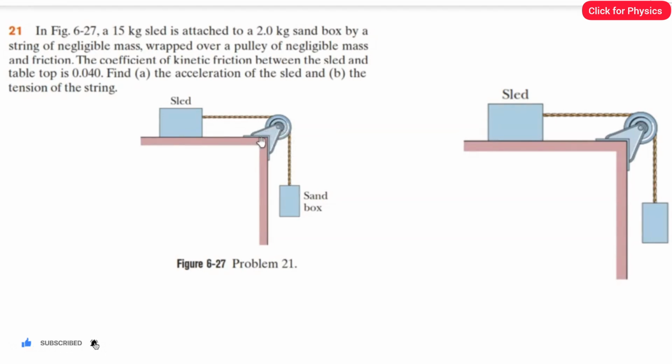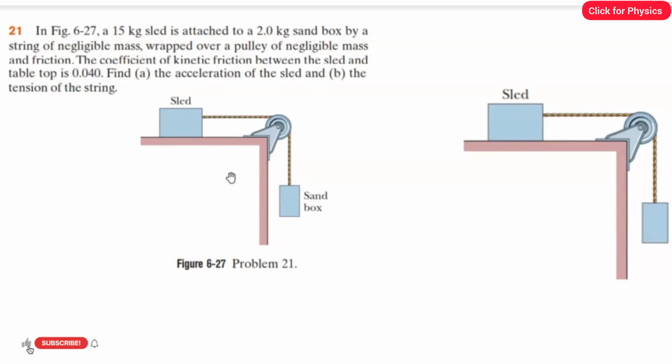And also the pulley is free from friction, but there is a friction between the sled and the tabletop. So that's the reason they gave the kinetic friction coefficient value as 0.040. And you can see we have to draw the free body diagram for this given figure.